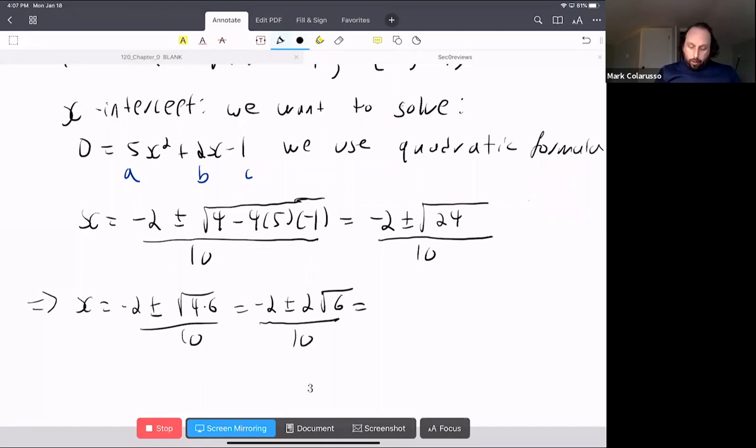And now we can do some canceling. So minus 1 plus or minus root 6, divided by 5. And so these are the two x-intercepts. They're irrational. Root 6 is an irrational number, and that radical does not simplify.